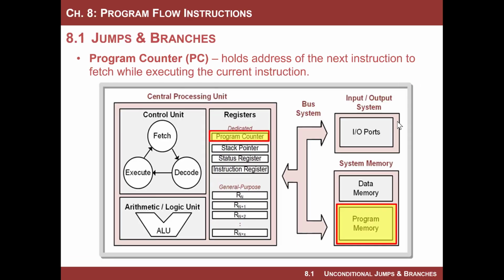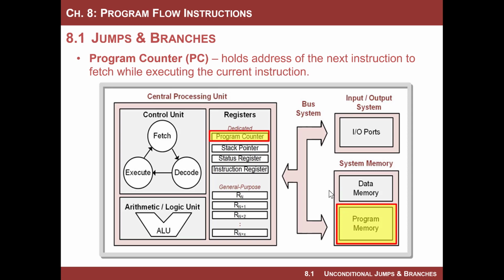Okay, your program is going to be assembled into opcodes and operands that are going to be put into program memory. Program memory happens to start at address 8000 within the MSP that we're using. When you begin executing code, the program counter is going to hold the address of the next instruction to go get.